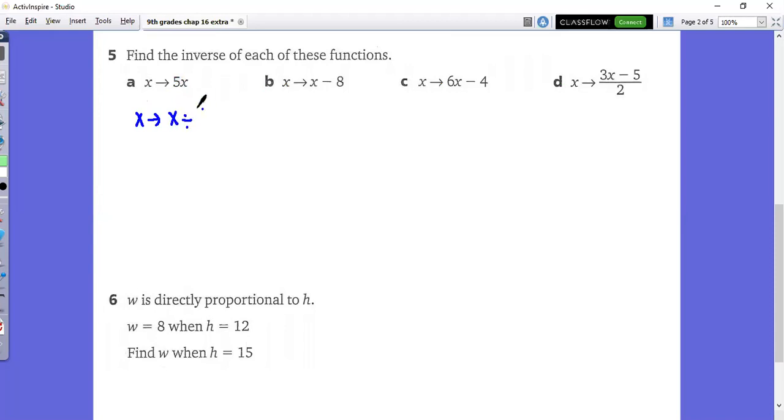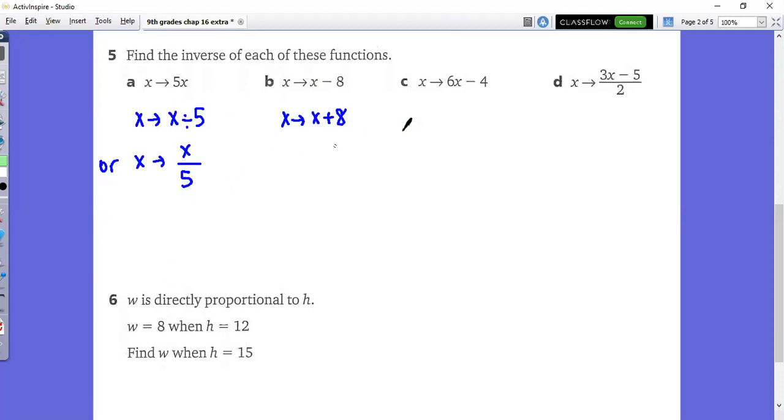X divided by 5, or better writing, x over 5. X maps to x minus 8. So we need to lower the value of x by 8, subtract 8. So in the inverse function, we will increase it, x plus 8.